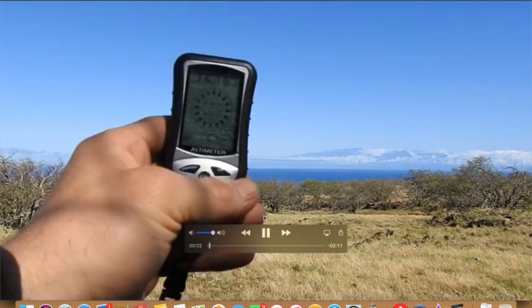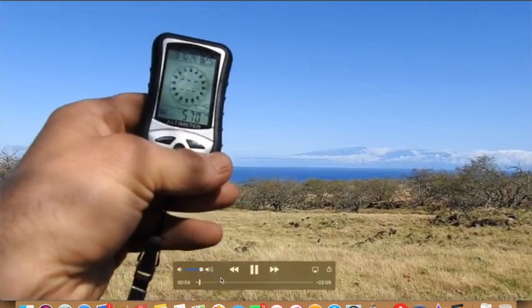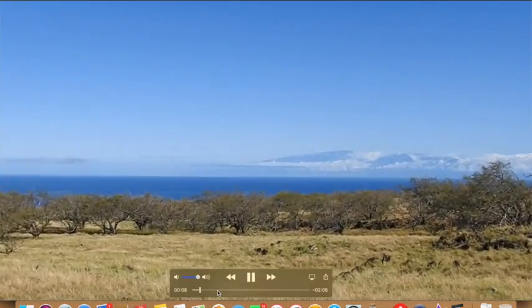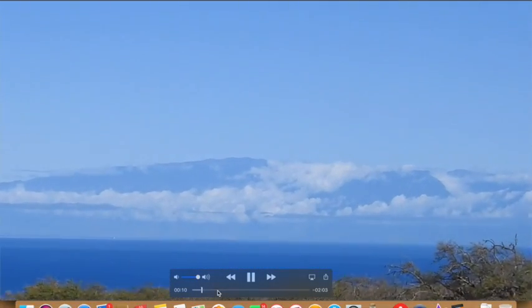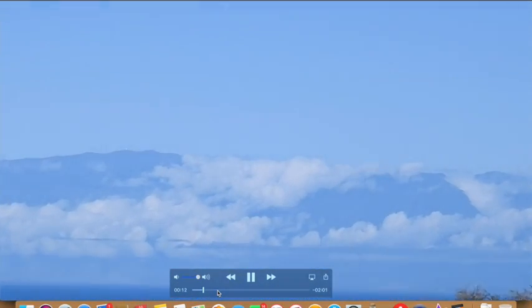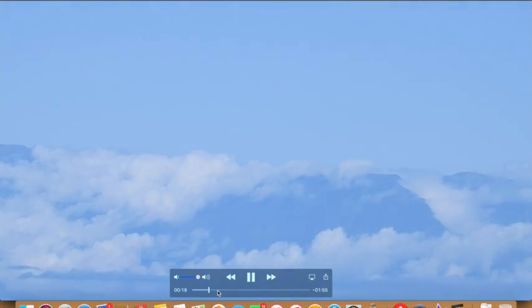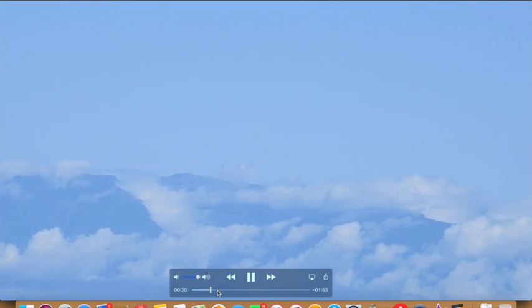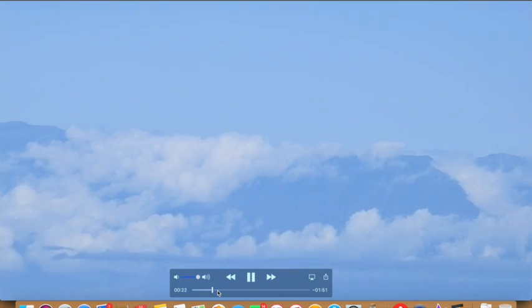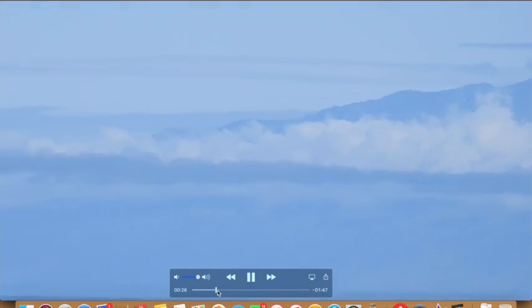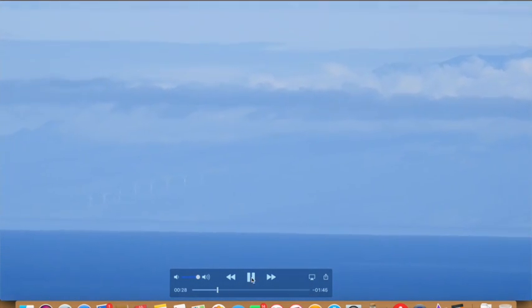570 feet of elevation. We can see more clouds filling in Maui, the Haleakala crater. And you can see here those guys.